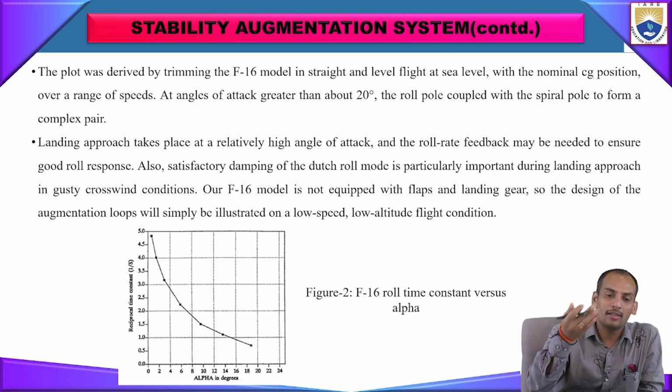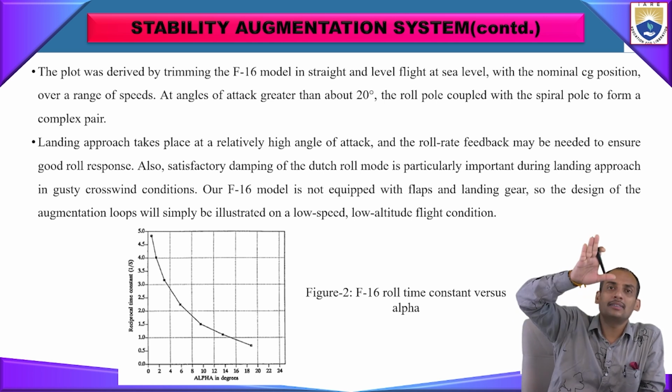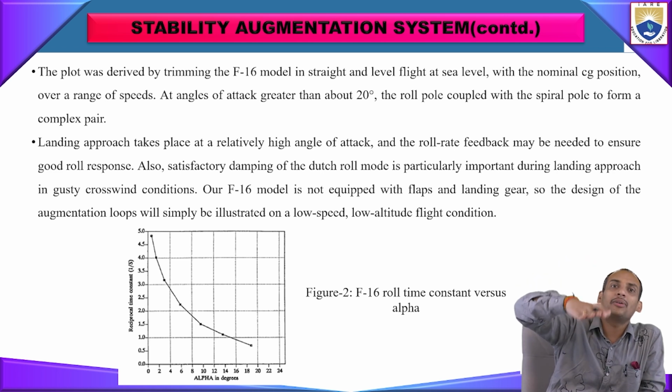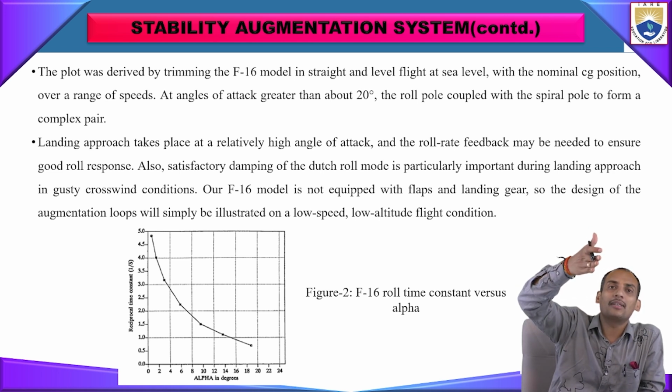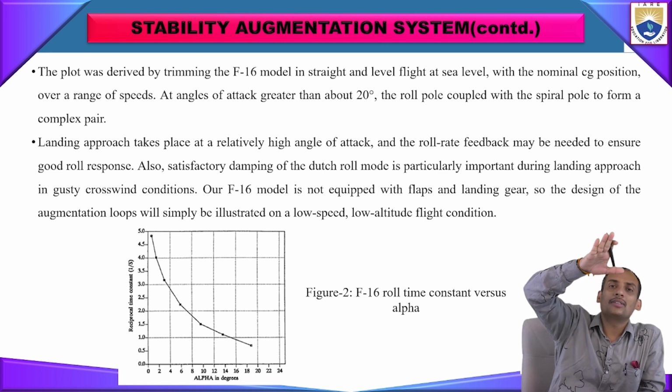So what does it mean that the roll time is decreasing? When the angle of attack is increasing, the roll time will be decreasing, because only at a constant angle of attack will we generally attain a higher roll rate. But when the angle of attack is increasing, the roll rate generally will be down. I mean, it should be down.